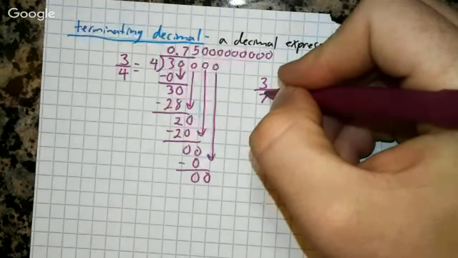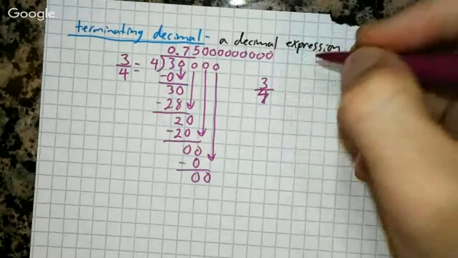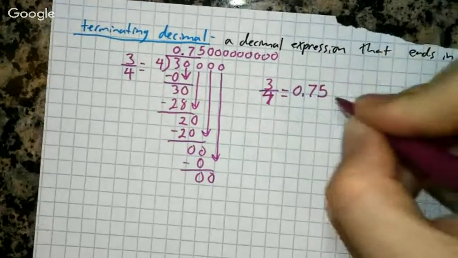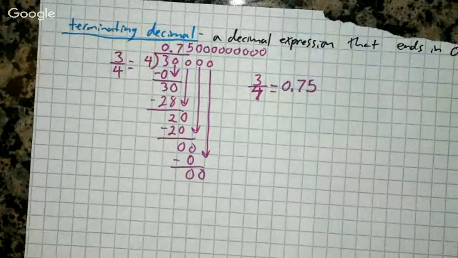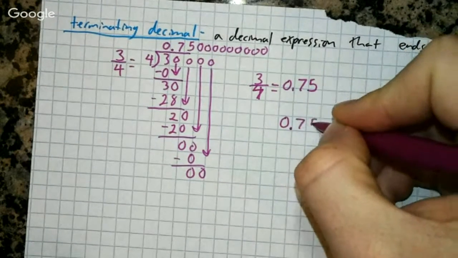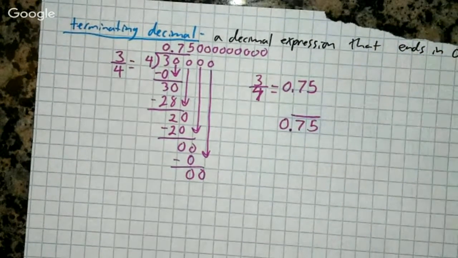3/4 equals 0.75, and we don't have to put those zeros. So this is a terminating decimal. Now, this is not the same thing as if you saw 0.75 with a line over it.